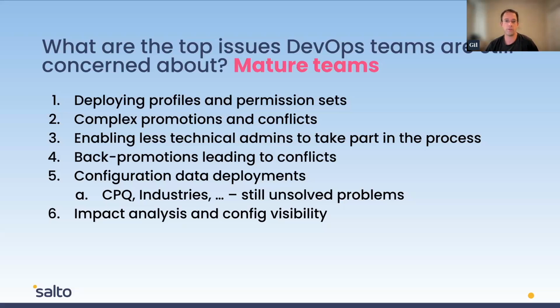And then you've got a mess because everyone starts conflicting with everyone. Everyone needs to understand everyone's work. And many of the current tools are not that great in helping with that, especially when those conflicts are also in relatively complex metadata types, let's say flows. It can be very hard to actually deal with these types of complex promotions.